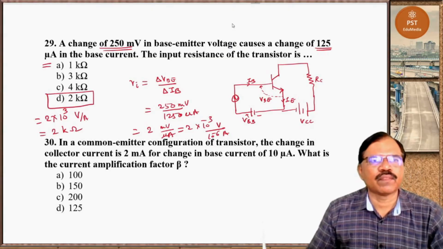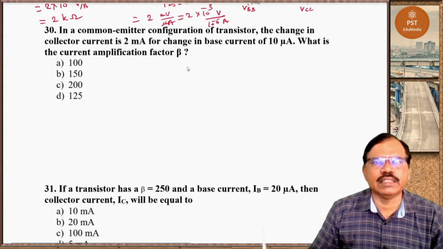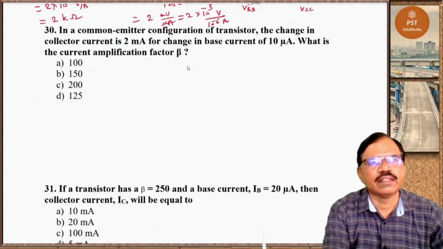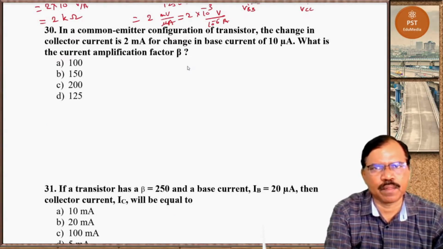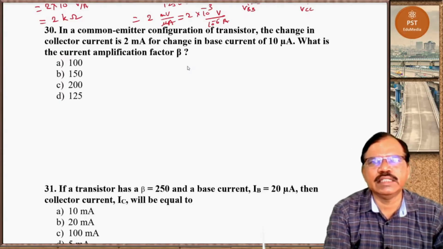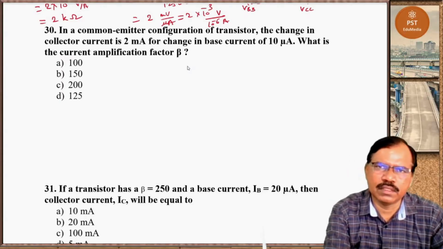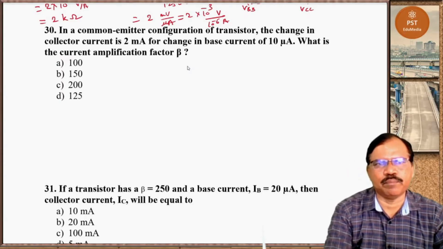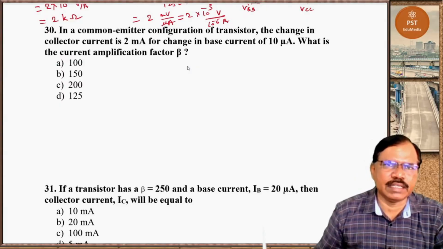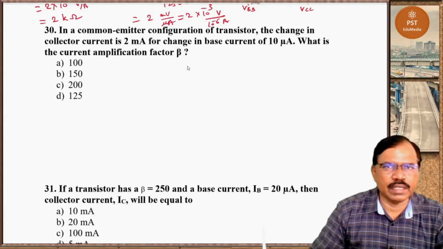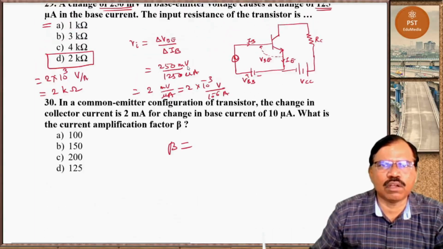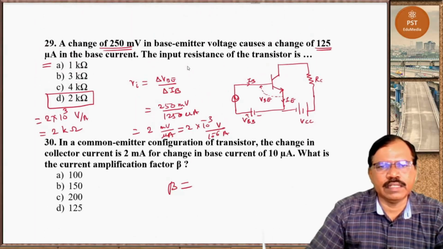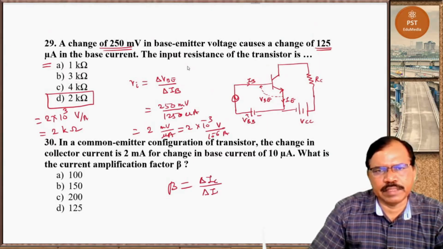Now next one, in common emitter configuration of a transistor, the change in collector current is 2 milliampere for a change in base current of 10 microampere. What is the current amplification factor? Now here the current amplification factor beta is equal to delta IC upon delta IB.